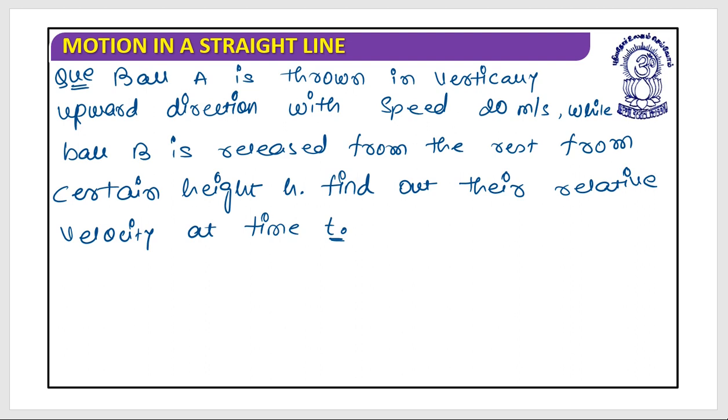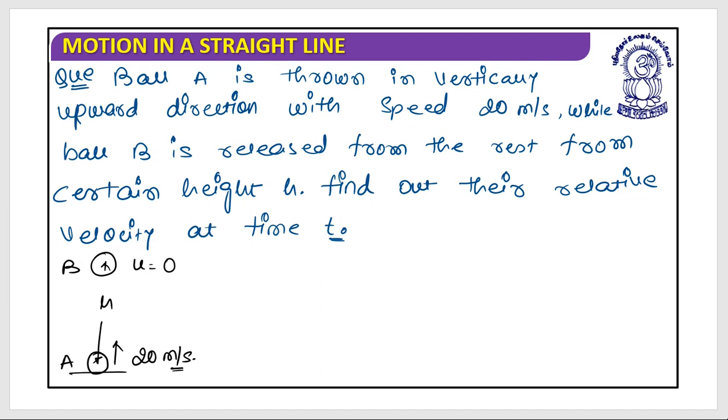First, make the diagram of what the situation is. They have given that this is ball A and it has been thrown in upward direction with a speed of 20 meter per second. This is another ball, ball B. This is A, this is B, and this has been released from a certain height h. Let's say u is equal to 0, and this is height h.